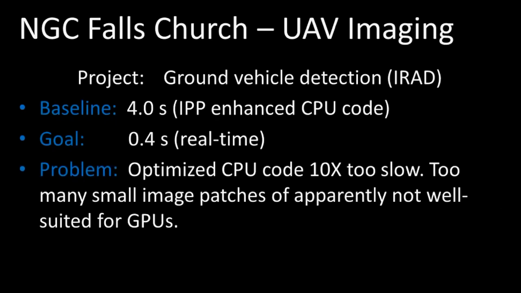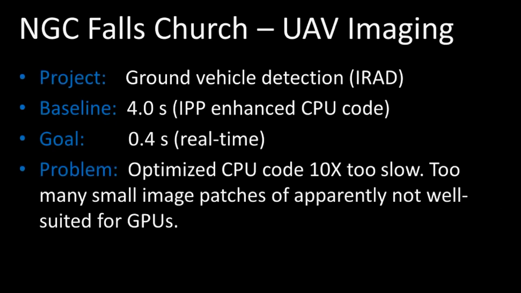Their baseline performance was CPU code using Intel performance primitives running at 4 seconds. They needed to accelerate that by 10x to get it to be real time so that the UAV could actually process the high resolution imagery with the ground vehicle detection algorithms in real time.